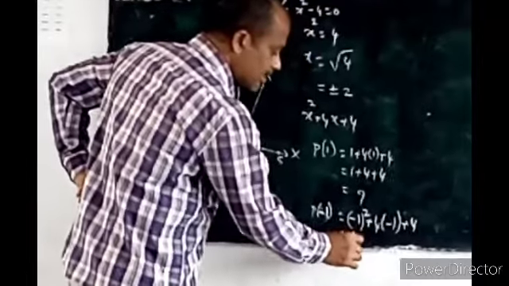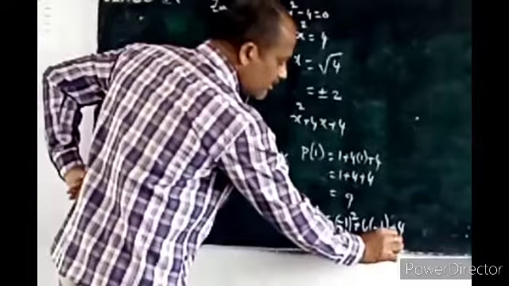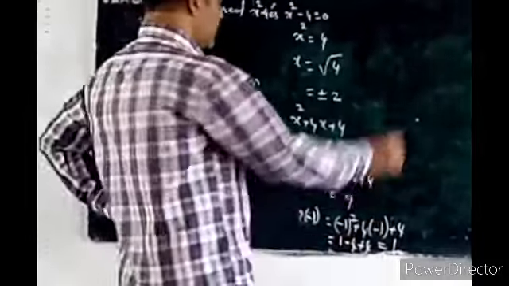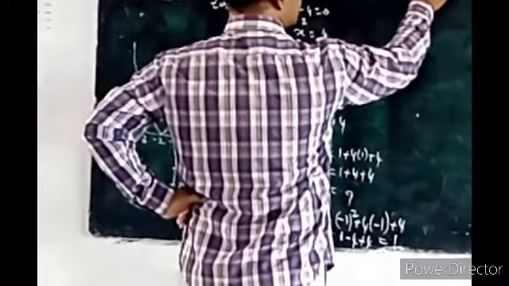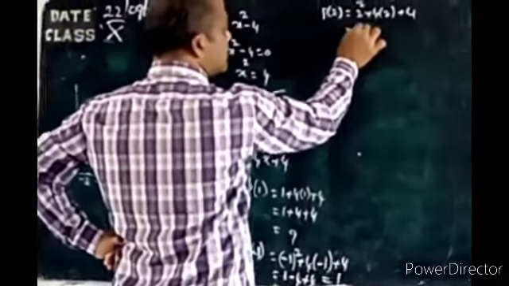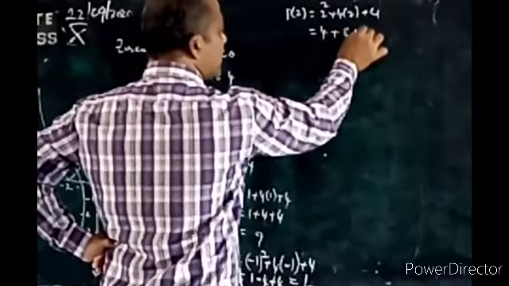Minus 1 square is 1, 4 into minus 1 is minus 4, plus 4, so 1 remains. Next, P of 2 is 2 square plus 4 into 2 plus 4, which is 4 plus 8 plus 4.